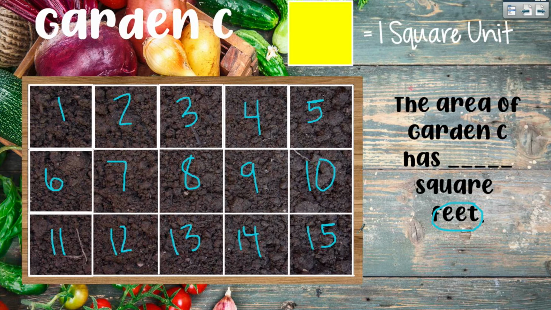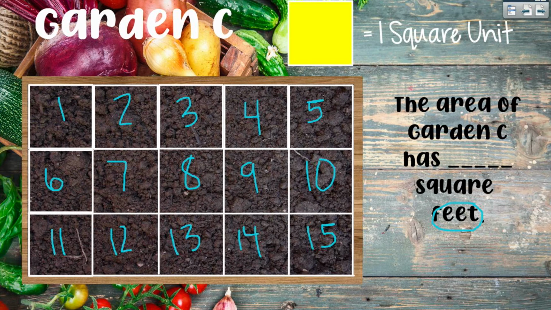Now in the last two gardens, in order to check myself, I've been multiplying the squares in each column times the squares in each row. But because this one's by 5, I know how to skip count by 5, so I'm going to double check myself by skip counting by 5. 5, 10, 15.